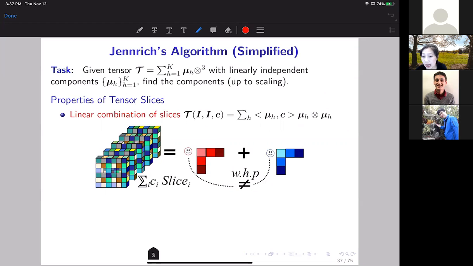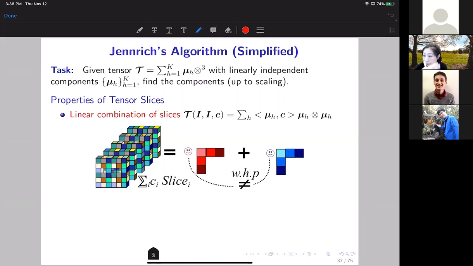So this vector has entries, and the entries correspond to the coefficients you use to do the slice linear combination. Okay, so C1 is the coefficient for the first slice, and C2 is the coefficient for the second slice, and so on.